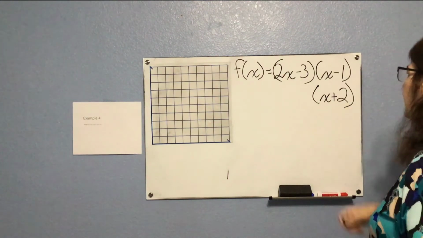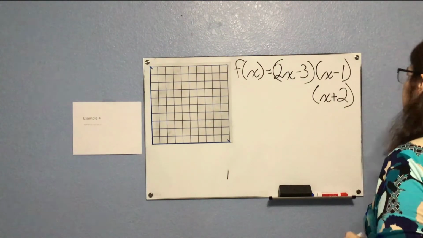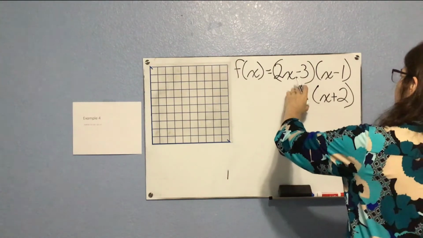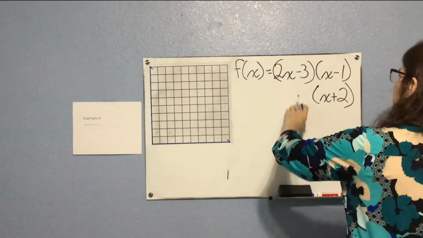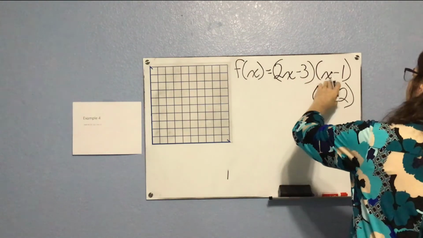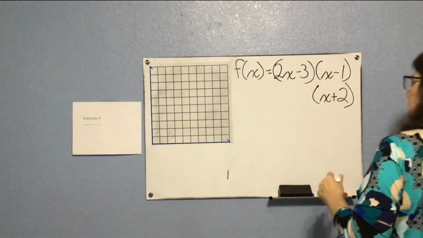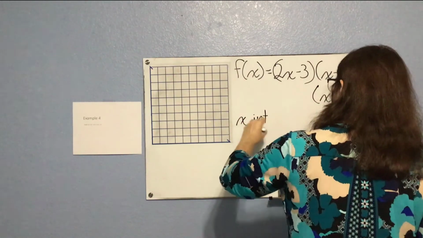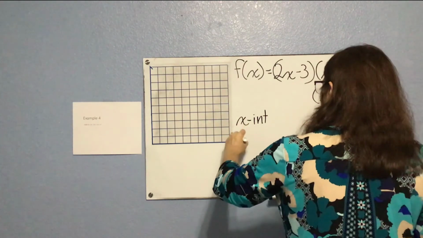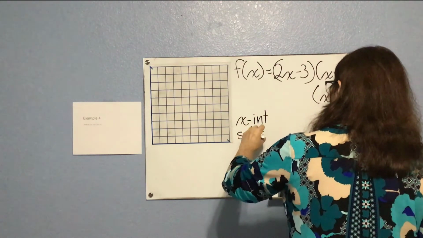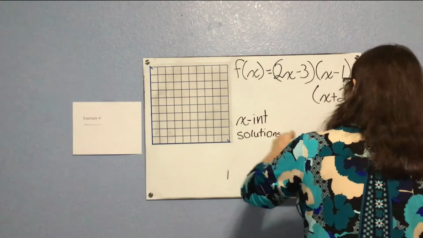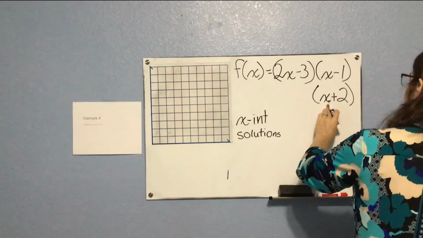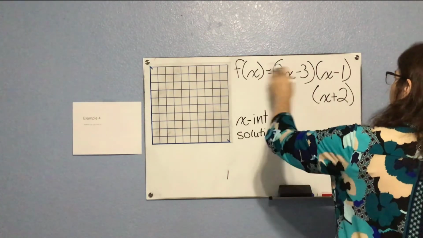So what do I know about this function? By my zero product property, I know that it's going to have x-intercepts at values of x that make each of these 0. So the x-intercepts, or solutions is another word we can use for that. For this factor, if x equals -2, the whole function is going to be 0.